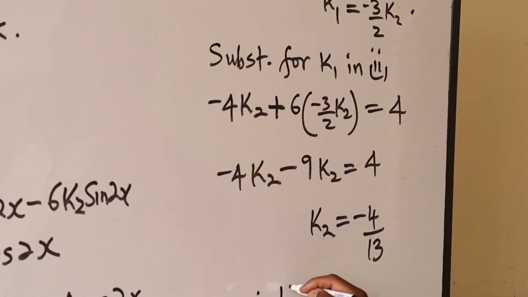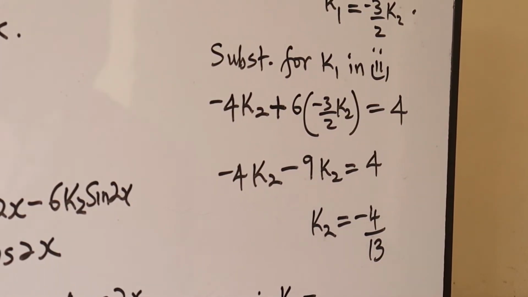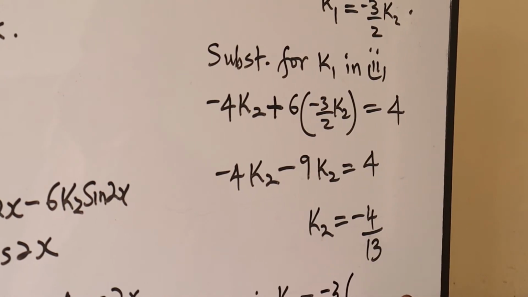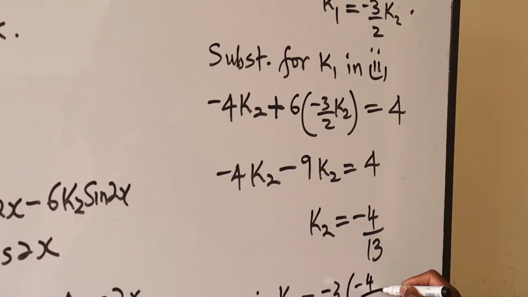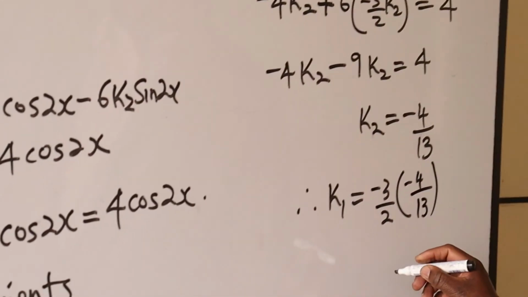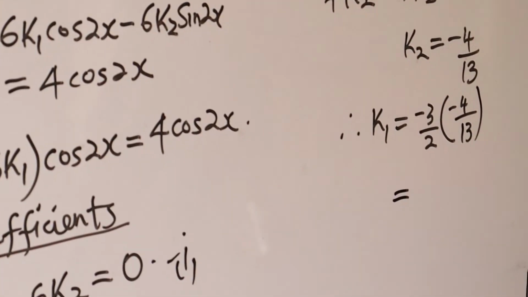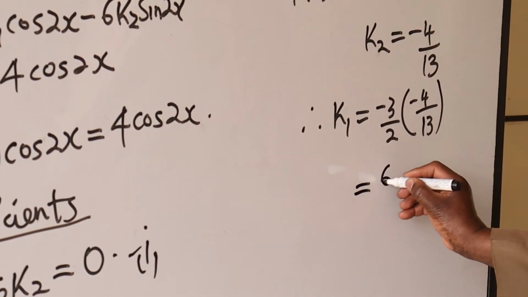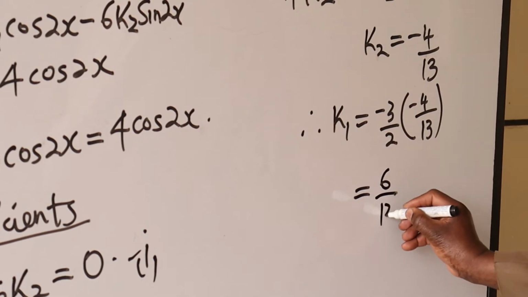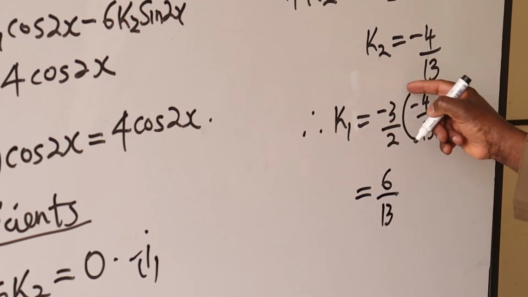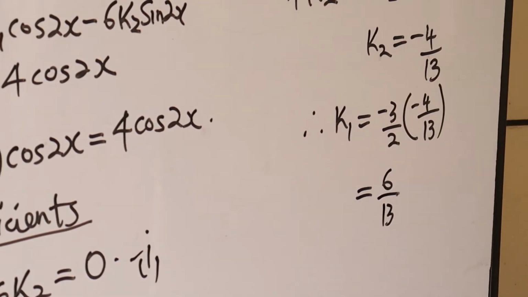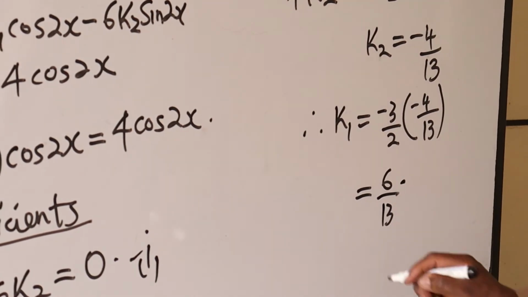Therefore, our k1 will be equal to minus 3 all over 2 into minus 4 all over 13, which gives us 6 all over 13.